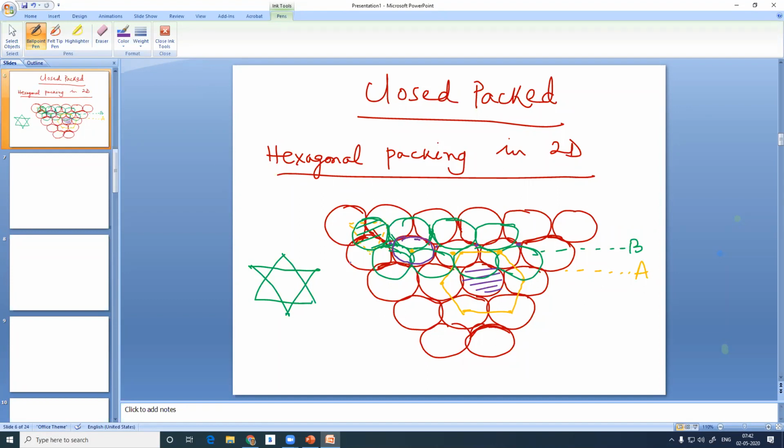Supposing you have started from the table, when you look from the top, you will notice the table, the ground, if it is an octahedral hole, right? That is the common hole of two adjacent layers. That common hole is called the octahedral hole.